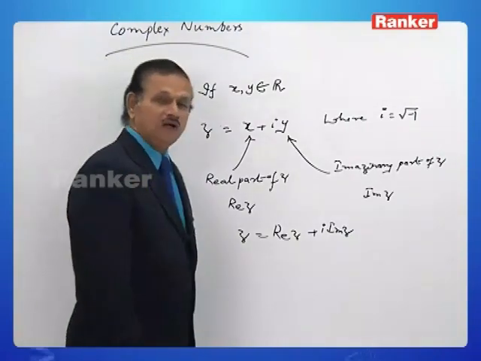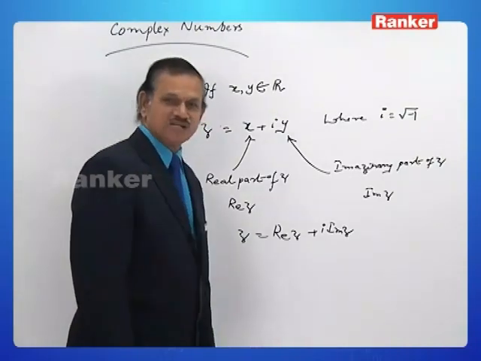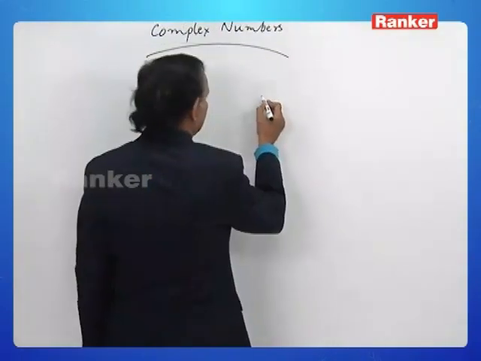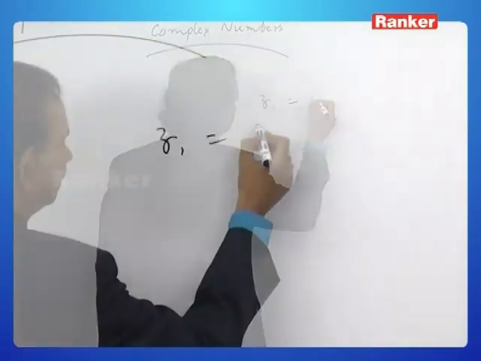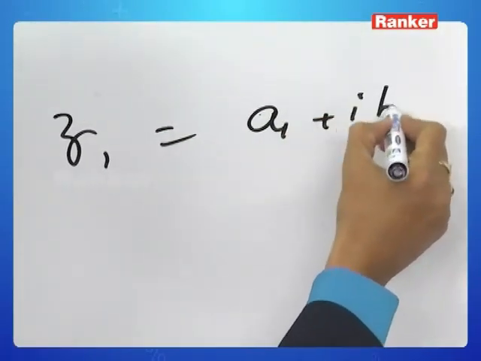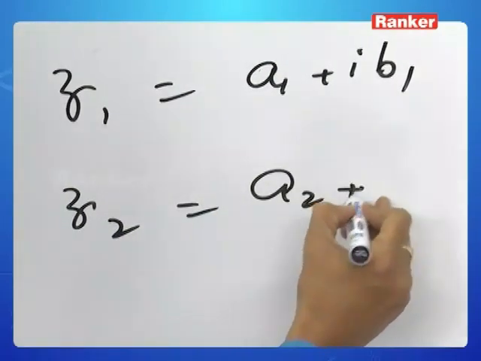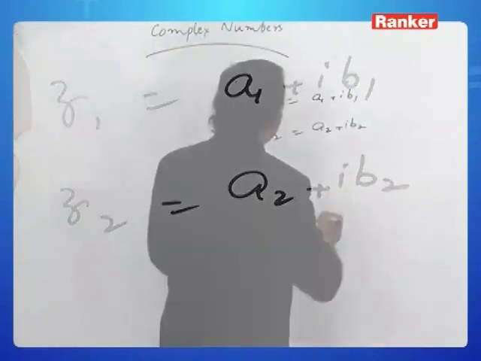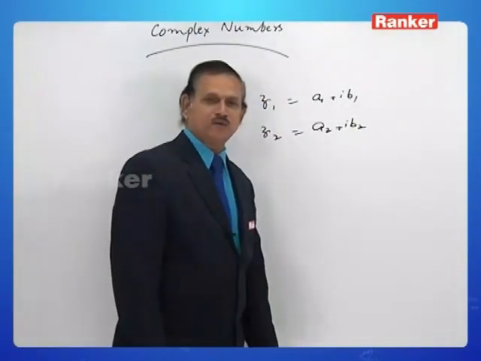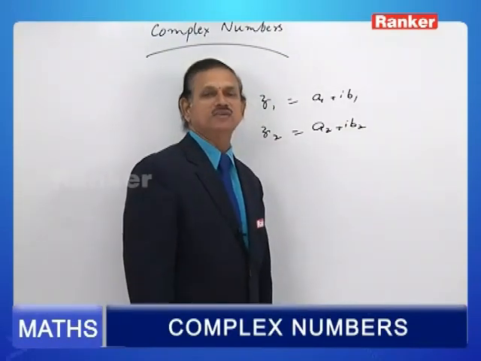Let us now go through some algebraic operations of these complex numbers. Let us have two complex numbers of the form z1 is equal to a1 plus i b1 and z2 is equal to a2 plus i b2.